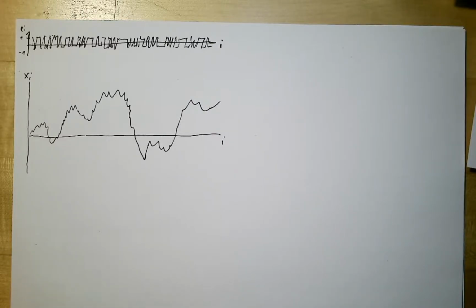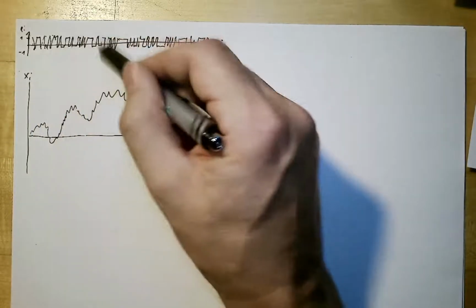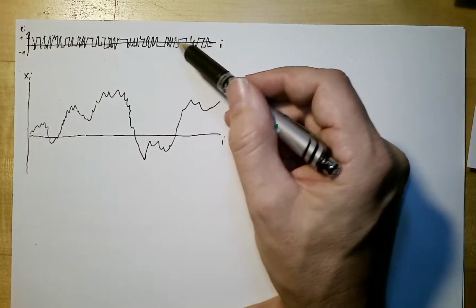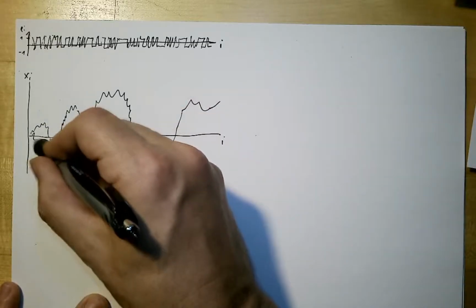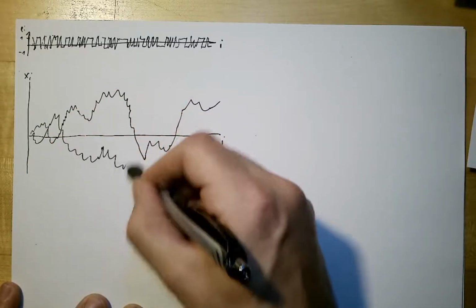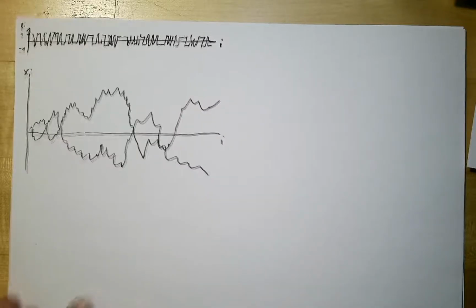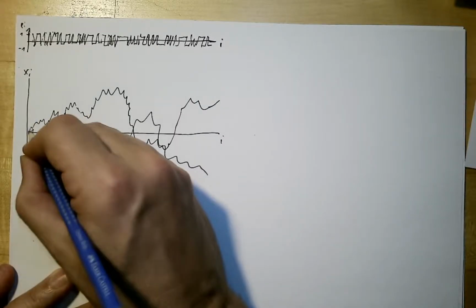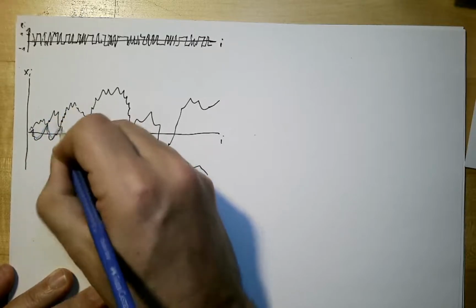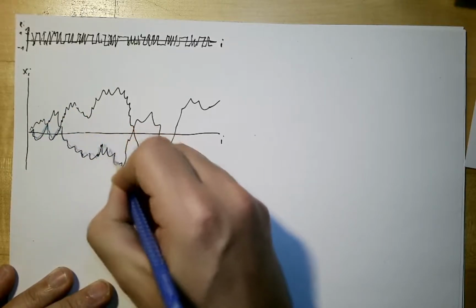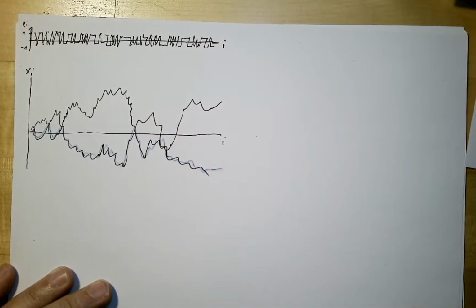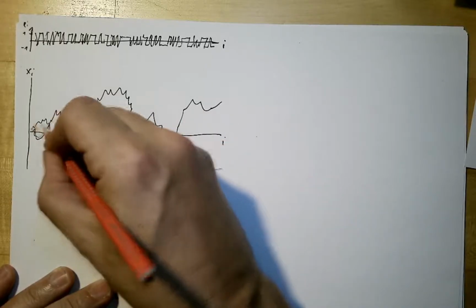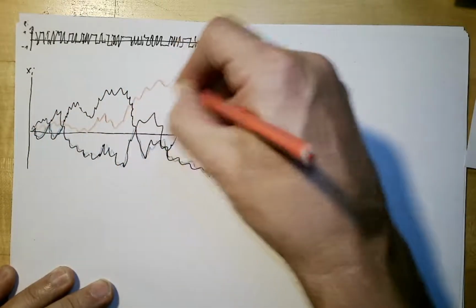And now what would happen if we take a different realization of these random numbers? We would have again here twiggling between plus and minus 1. It would look by eye the same, but the typical random walk might look very different. If you take another realization, this time the random walk might look something like this. Maybe the second one I do in blue. And then you make another one, then it might be like this.